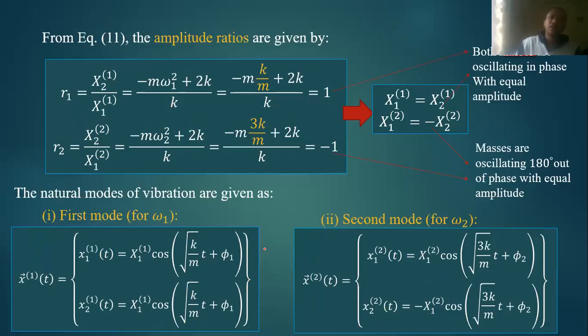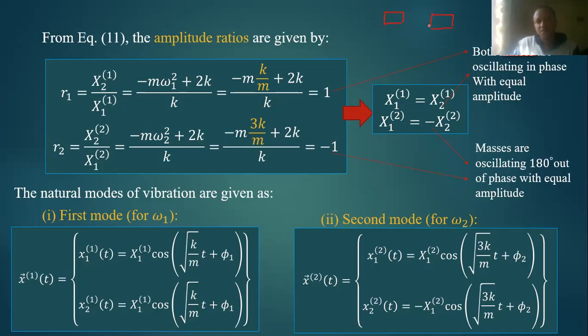So now representing the amplitude ratio, what we get is 1 for the first natural frequency. So this implies both masses are oscillating in phase with equal amplitude. That means x1(1) is equal to x2(1). So that means our masses are in phase. As the first mass moves up, the second mass also moves up with the same amplitude.